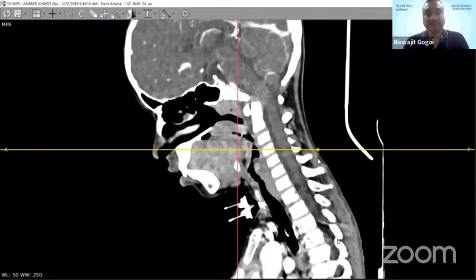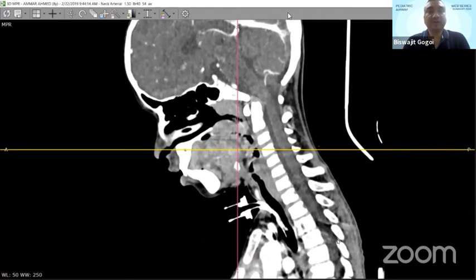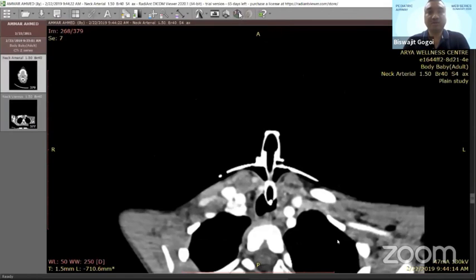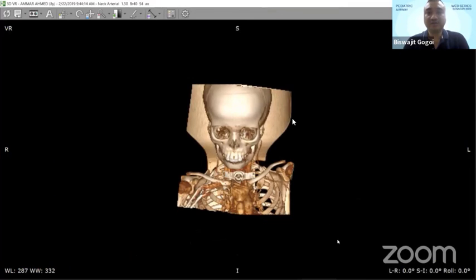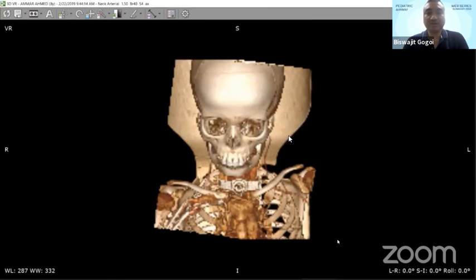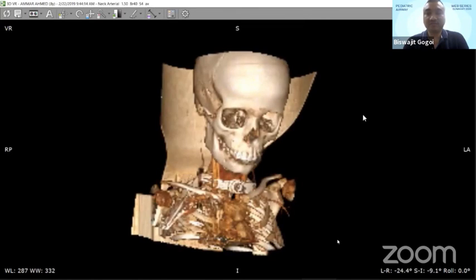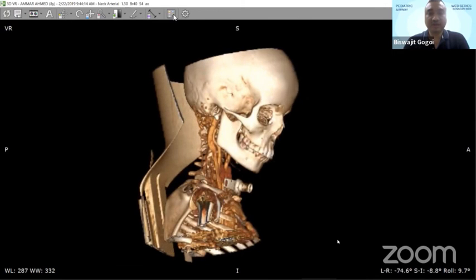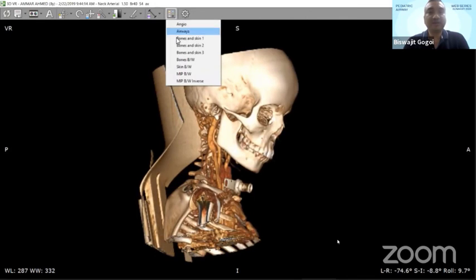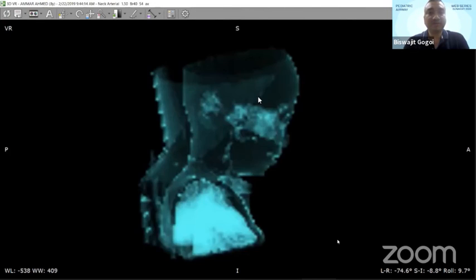Also we can do a 3D reconstruction, as is required here. This software has many options: angio, airways, bone, skin, whatever. I am interested in the airway.